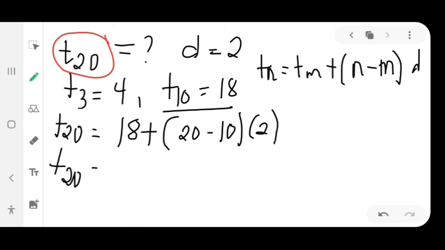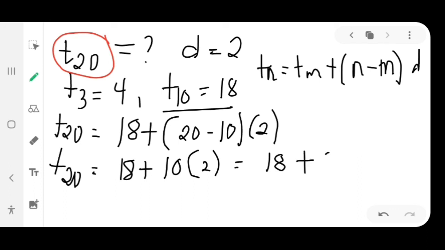So t sub 20 is equal to 18 plus 20 minus 10 is 10 times 2. So we have 18 plus 10 times 2 is 20. So 18 plus 20 is 38.